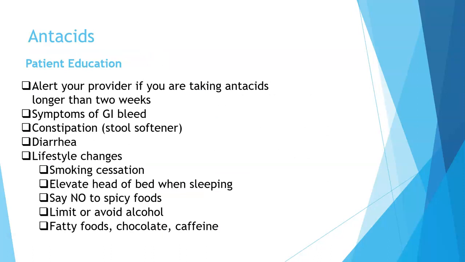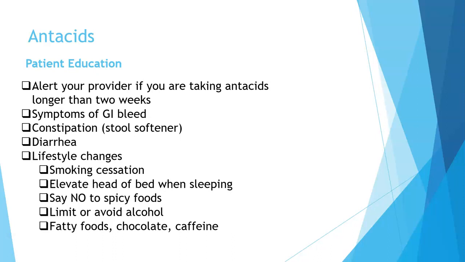So when you're going to educate your patient, what are you going to educate them on? Well, they need to let you know if they're taking antacids for longer than 2 weeks. They need to let you know if they have any symptoms of GI bleeding. If they have constipation, they can take a stool softener. If they have diarrhea, let them know about lifestyle changes they can make too.